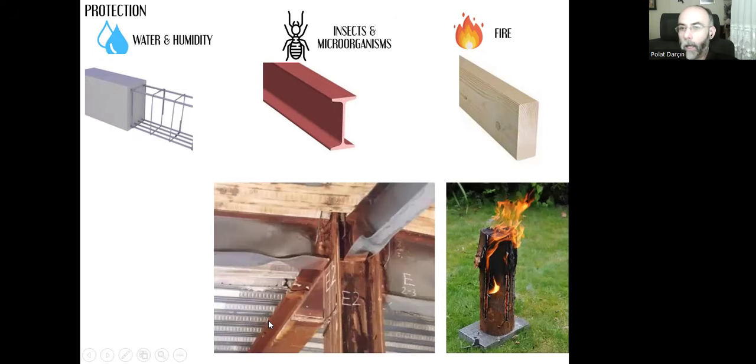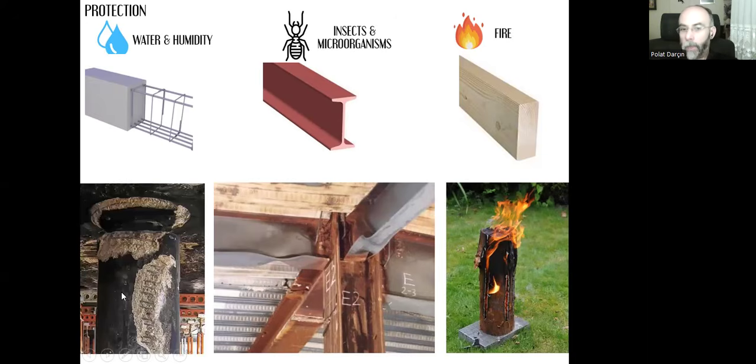But in case of fire, because of the very high temperatures, the steel is deformed like this. It melts down, and we see that reinforced concrete, the concrete will explode like that. So these are deformed in a bad way. However, timber will be protected if the sizes are correct and the type of the tree is correct, and we can enhance its properties against fire damage.